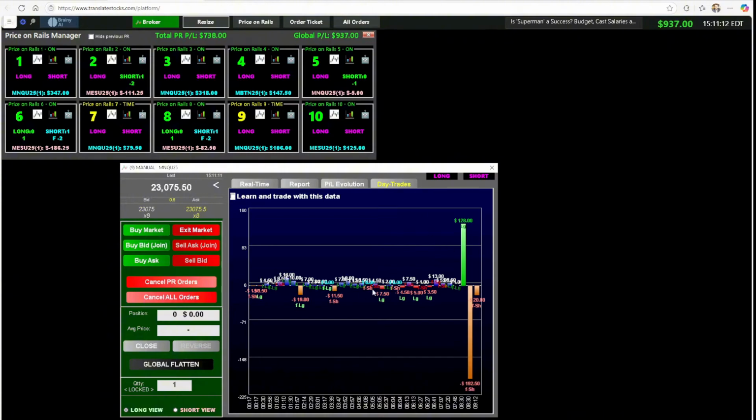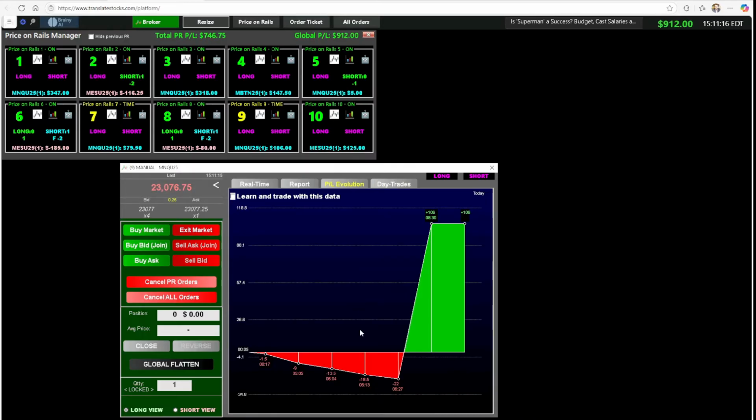Here we have everybody together. On P&L evolution, we have only the real trades. So it was trading, took some small losses, and then a very big, a huge profit. That's why we call it the convex trading, because we have a very big discrepancy between profits and losses, very big profits for small losses.